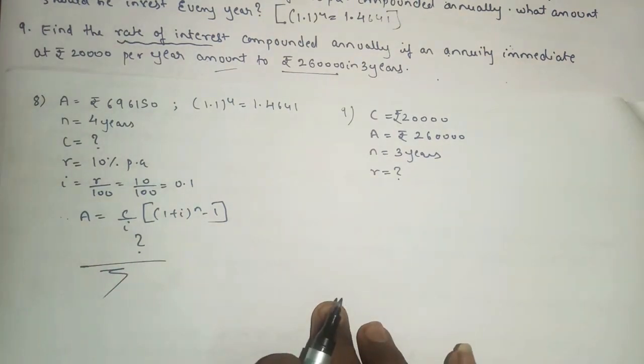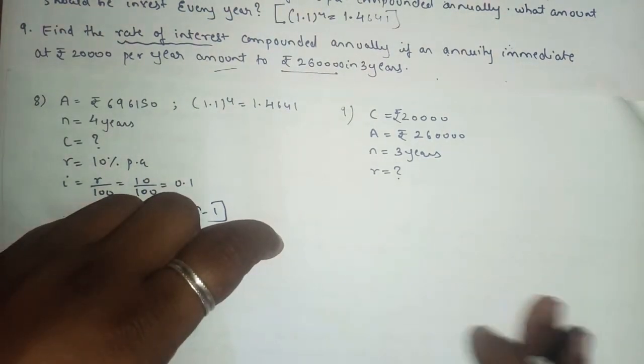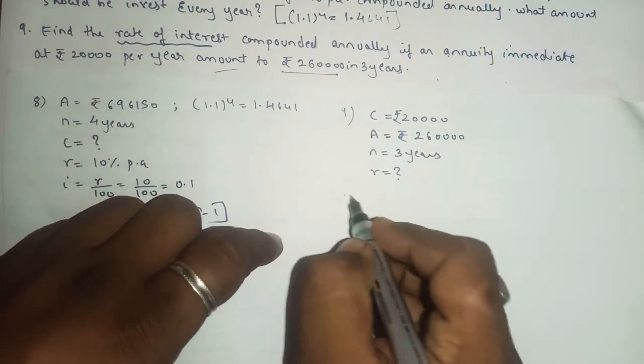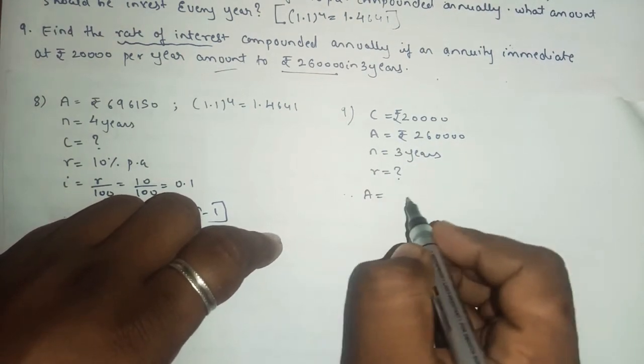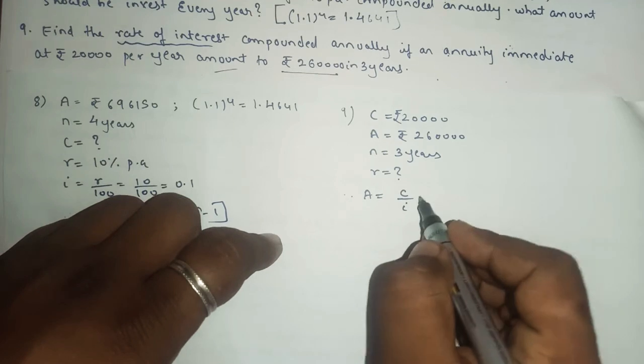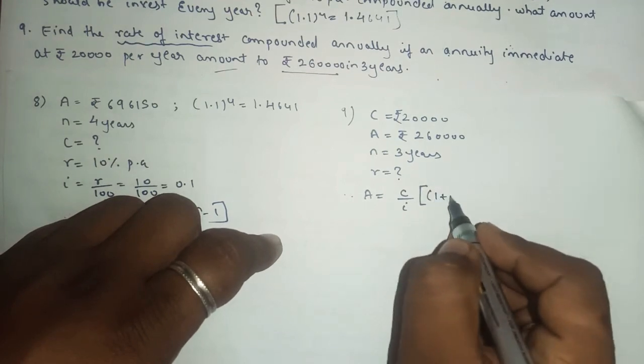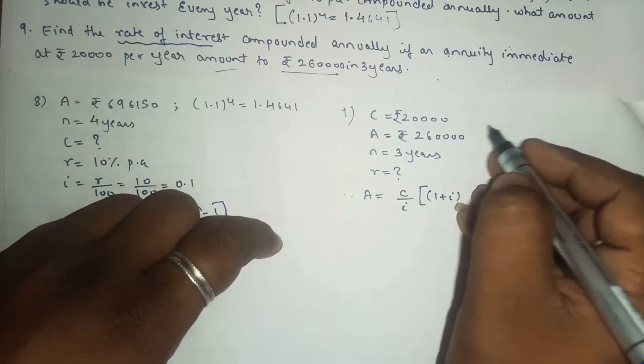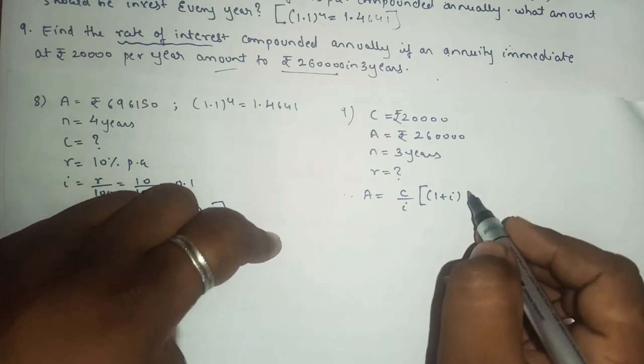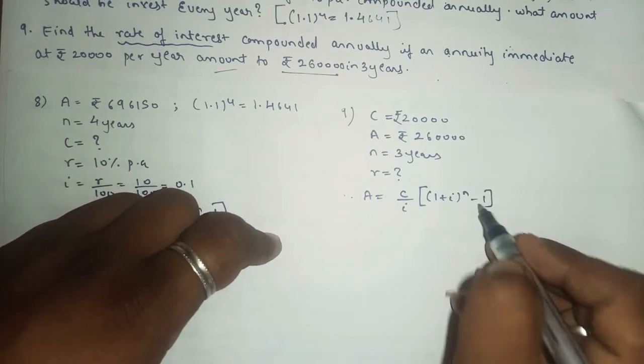Now we'll see how to find the answer. As here we have A and C, of course we have to apply the formula of A only. So A equals C upon i, times 1 plus i raised to n minus 1. Let's substitute the values.